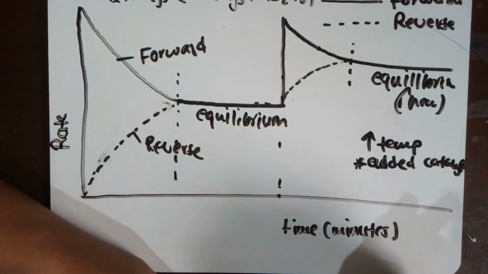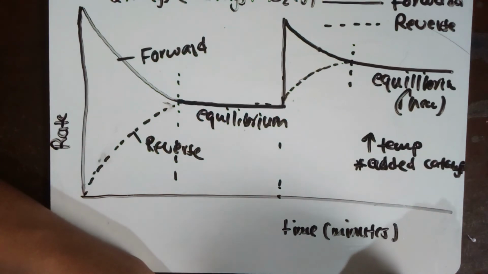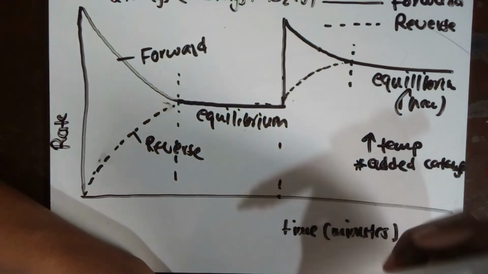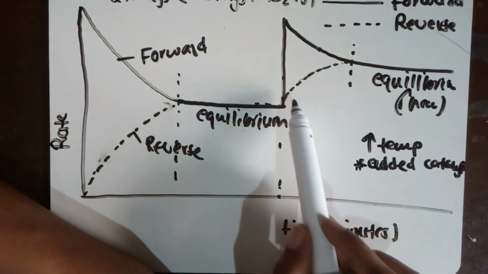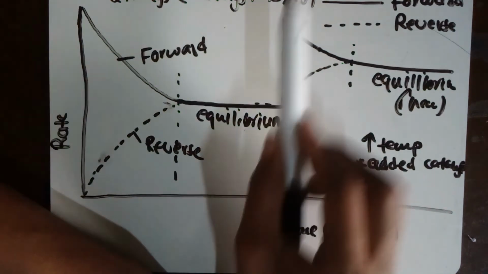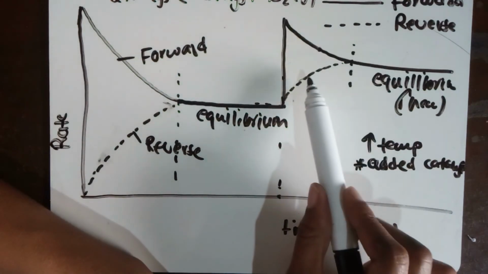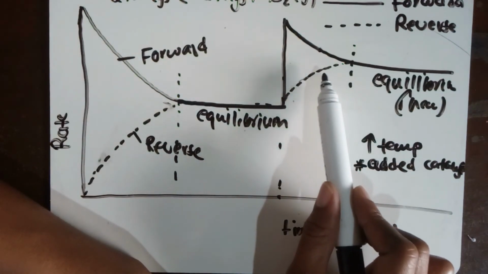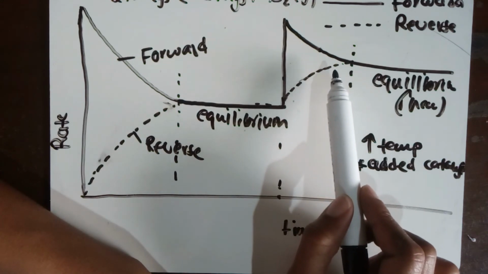We've spoken extensively about this in the previous lesson. It must be the reaction that uses up heat, because when we increase the temperature there, you see that it spikes higher in comparison to the reverse reaction, right? Cool.